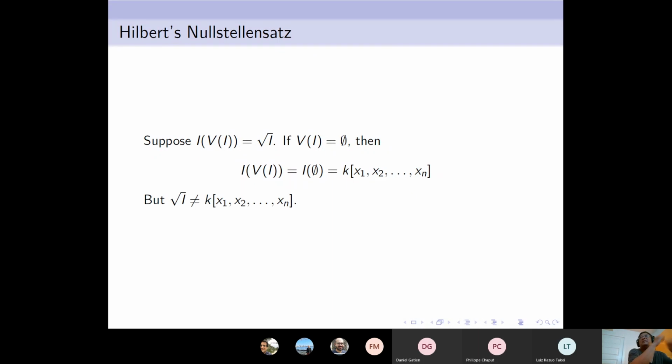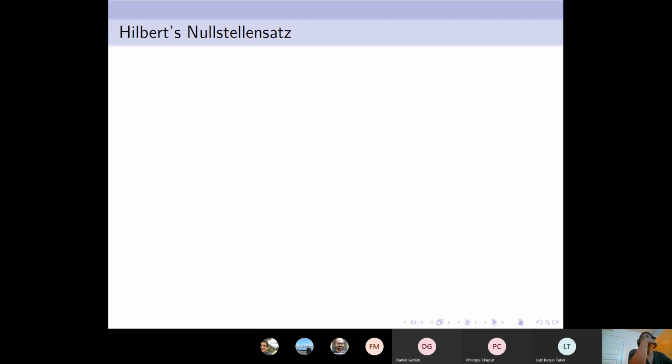But the radical of I is not equal to the ring, because the radical of any non-trivial ideal is not the ring itself; otherwise 1 would belong to I, which means I itself is the entire ring, which is not the definition of an ideal. So one direction is proved.